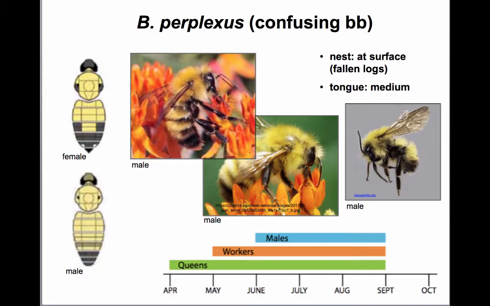That sets it apart from Bombus fervidus, where most of the abdomen was yellow and then just the very tail was black. In Bombus perplexus, the males have even more yellow coloration than in the females.